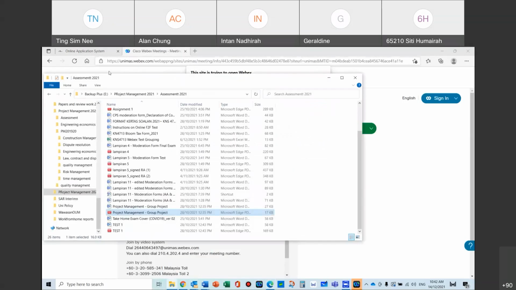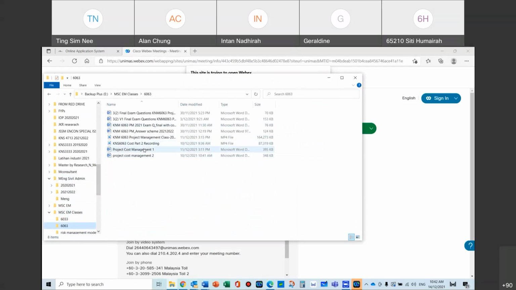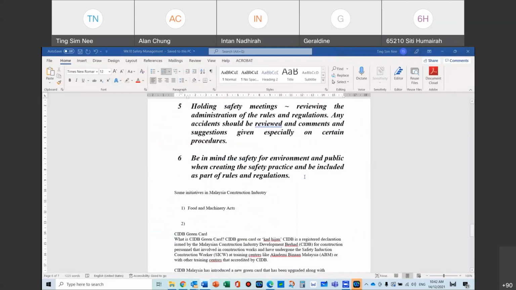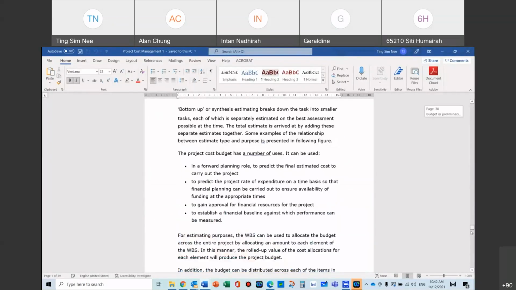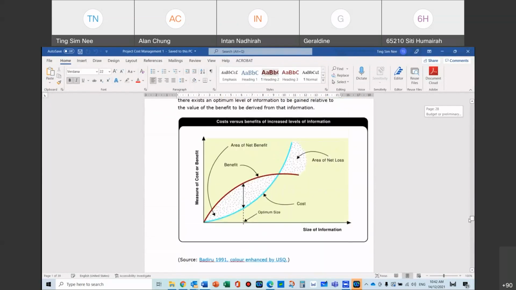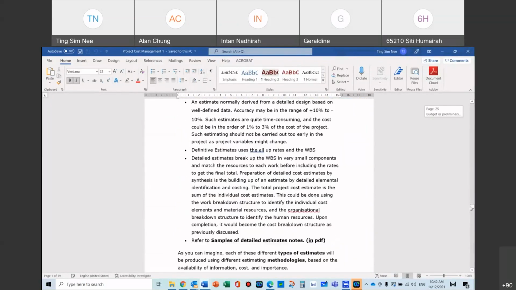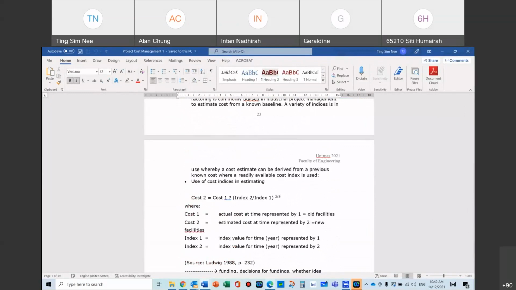Let me open up the files and show you the formula. I think I really should post this up for you as well. So the cost for the analogy normally is something like this.